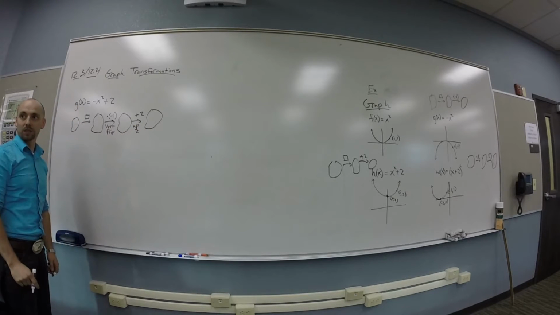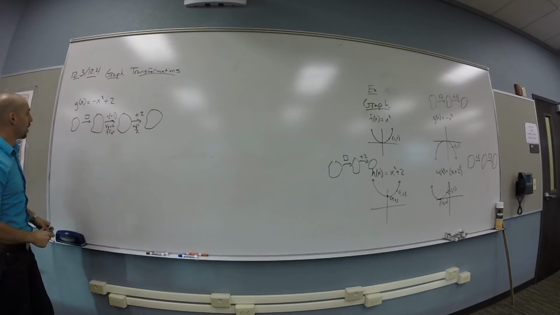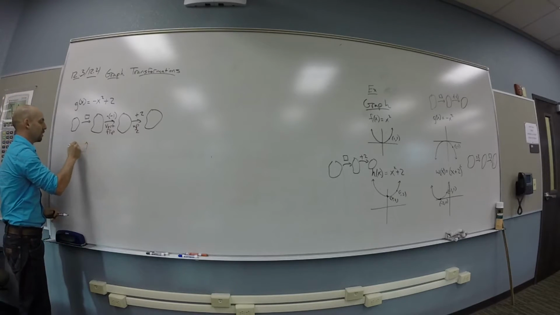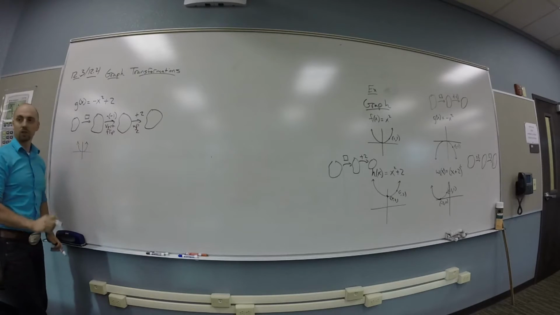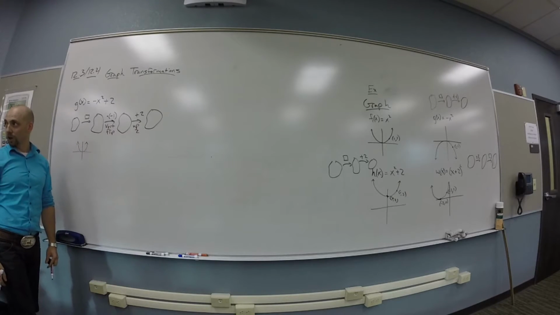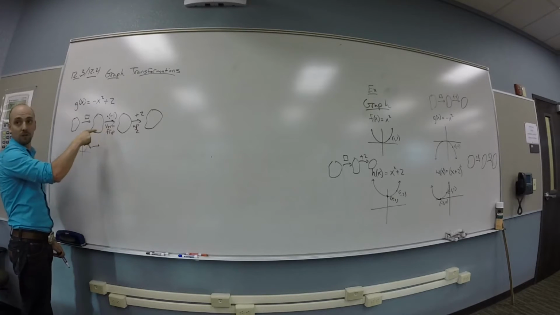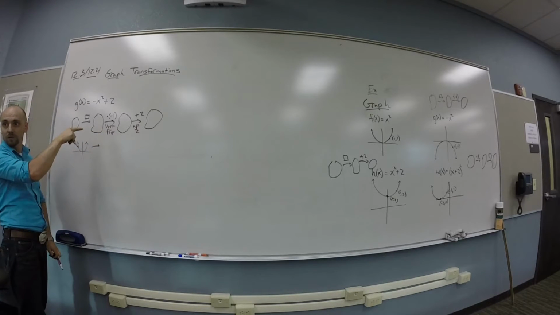You guys see this? So if I wanted to draw a picture of this thing, I could start with my usual parabola, right? So here's what I'm thinking. I start with my usual parabola, and then I need to vertically flip it.